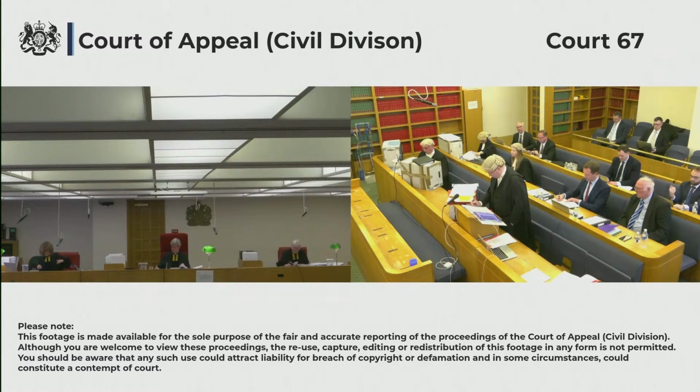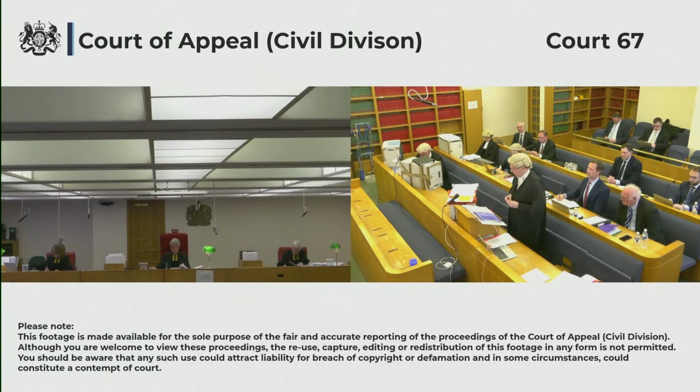What the revenue does not dispute is that if a relevant claim has been made, when it comes to closing the inquiry, the revenue is bound to close the inquiry on a basis that's correct in law. And so if a claim is made, then that amount needs to be increased. And that, of course, must be right, not least because it reflects the important public interest in taxpayers paying the correct amount of tax.